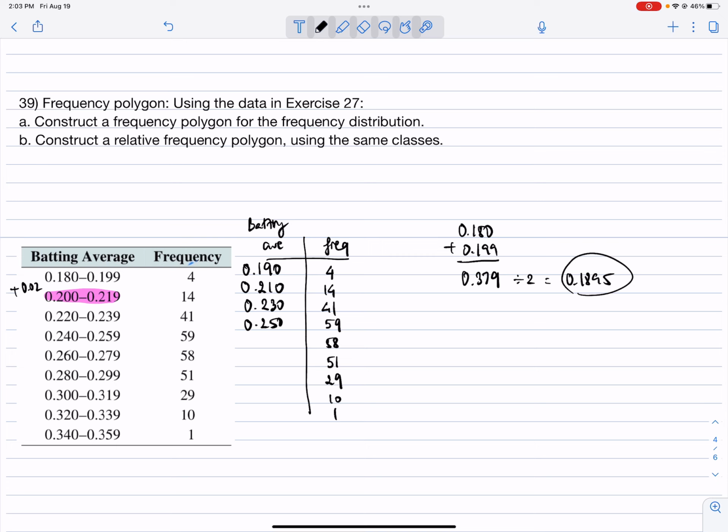So I just keep adding 0.02 instead of finding the middle for each class. Okay, and so on.